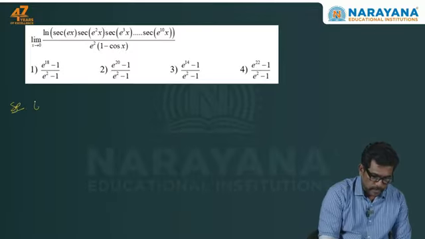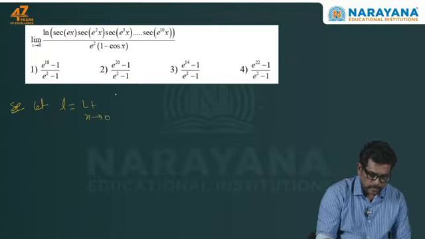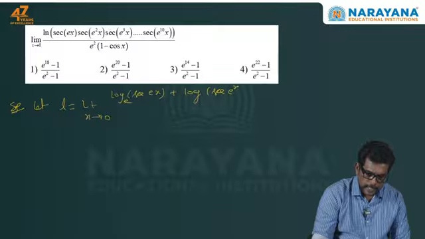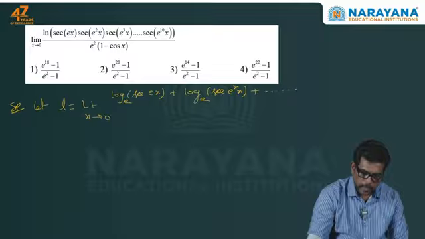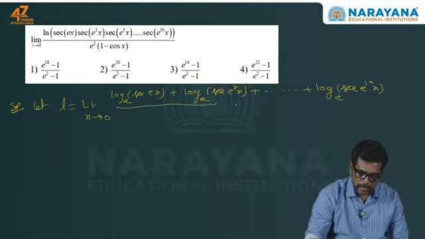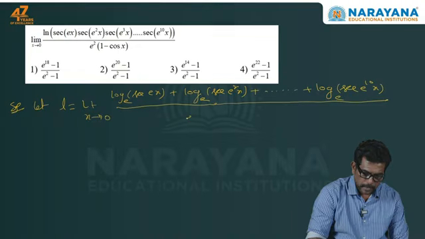For the solution, suppose the value I am taking as L, let L is equal to limit x tends to 0, that becomes log of secant ex to the base e plus log of secant e square x to the base e plus so on plus log of secant e to the power of 10 x to the base e, upon e square into (1 minus cos x).